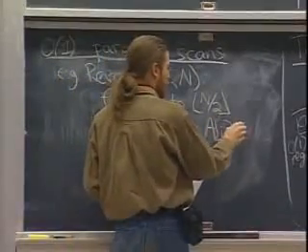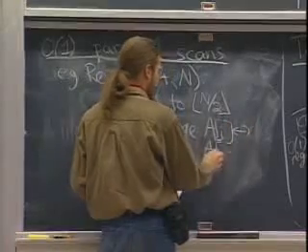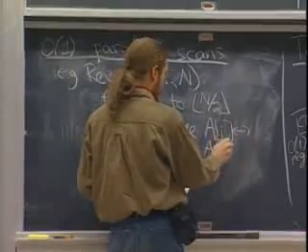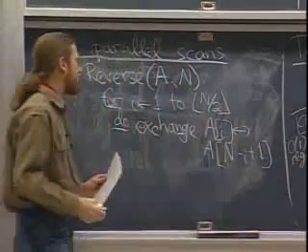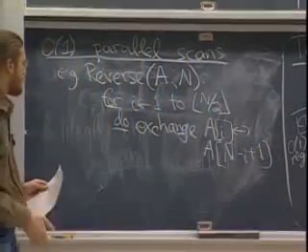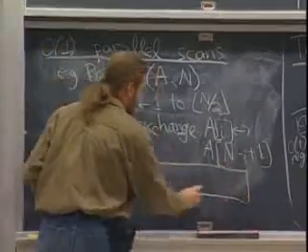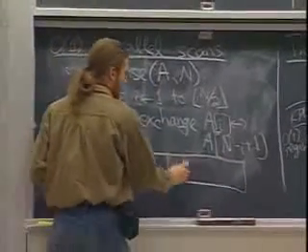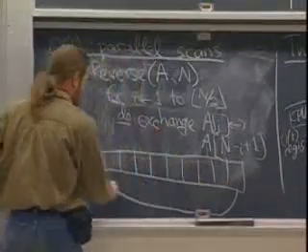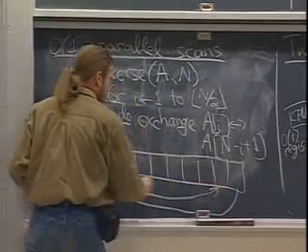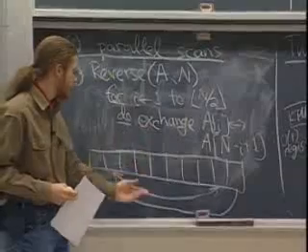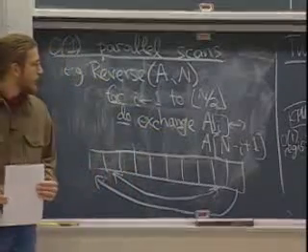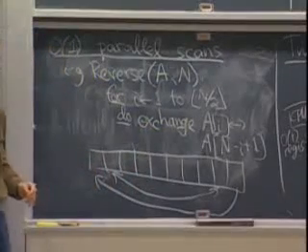So it's swapping A_i with A_{n-i+1}, if we start at 1. So here's your array. Suppose this is actually my array. I swap these 2 guys, and I swap these 2 guys, and so on. That will reverse my array. And this should work hopefully in the middle as well if it's odd. It should not do anything.